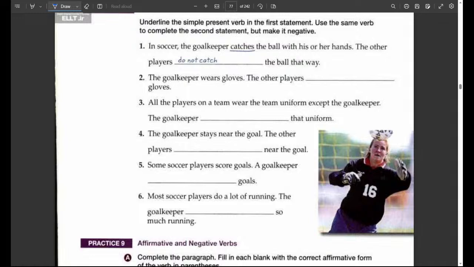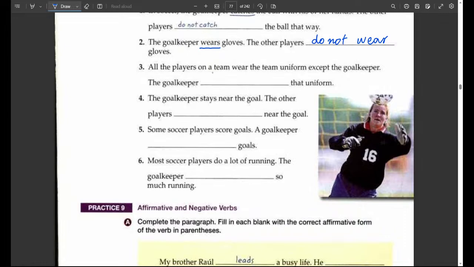The other players, again here, what will come to make it negative? Do not wear. The goalkeeper wears, but the other players do not wear gloves.